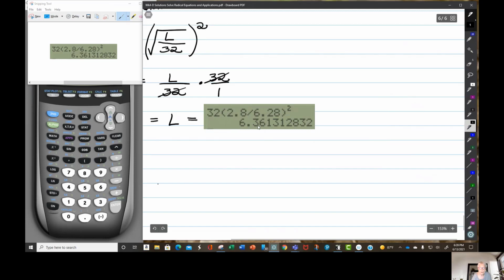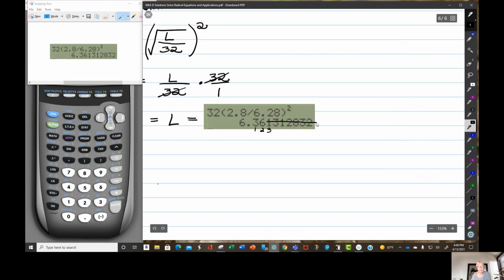Now round to 2 decimal places. Here's the second decimal place, here's the first decimal place. I have to look over at the third decimal place to see if that's big enough to make the 6 round up to a 7. It's not.